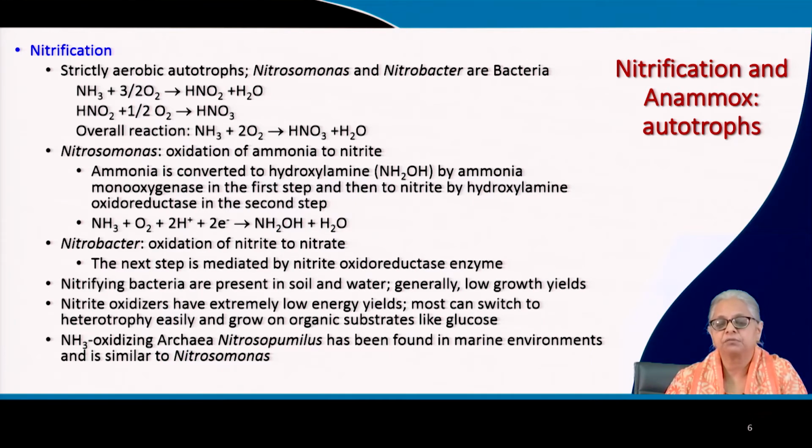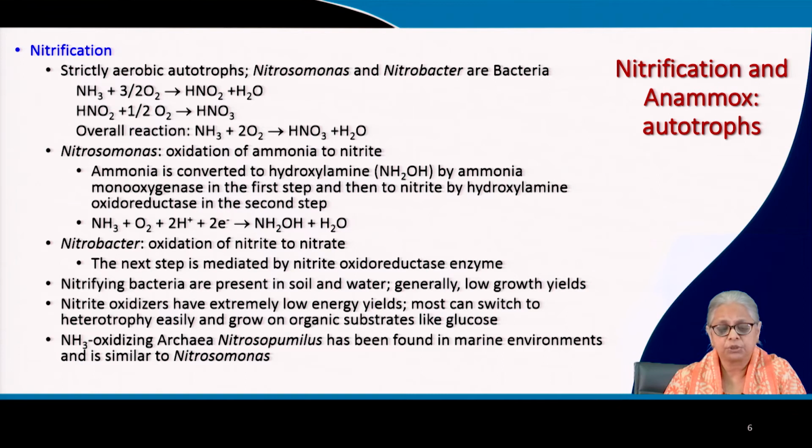Ammonia is first converted to hydroxylamine, NH2OH, by a particular enzyme, ammonia monooxygenase, which is present only in Nitrosomonas species. That is the first step. This hydroxylamine is then converted by another enzyme, hydroxylamine oxidoreductase, in the second step.